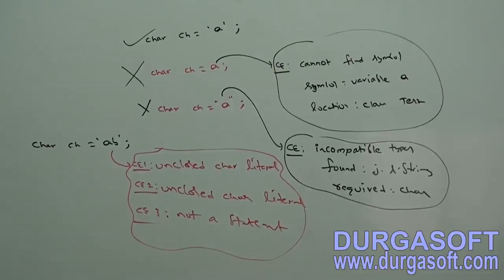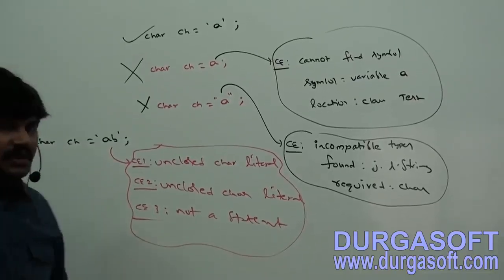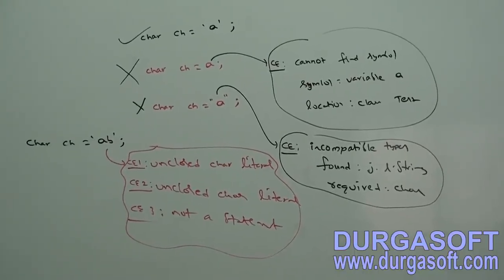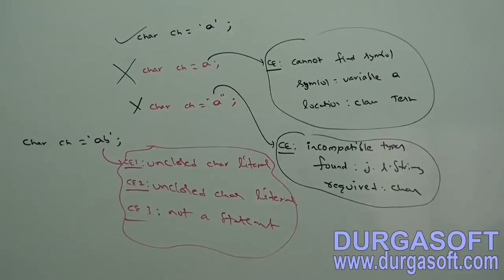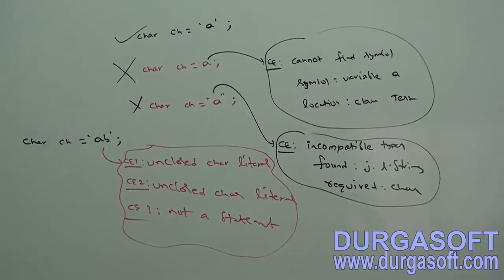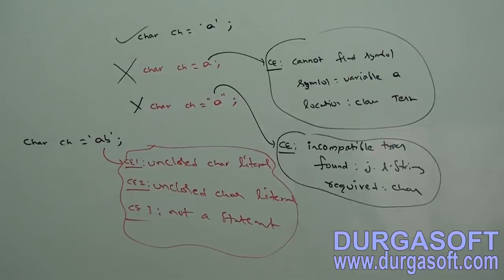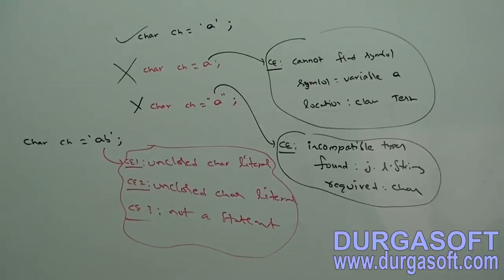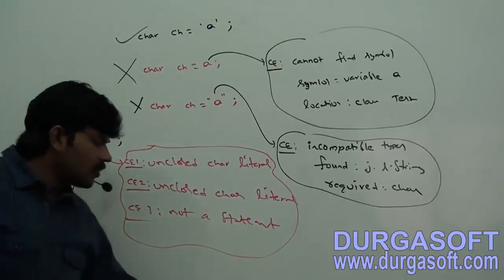Char ch is equal to 'a' within single quotes. Otherwise, unclosed char literal, like compile errors, right?